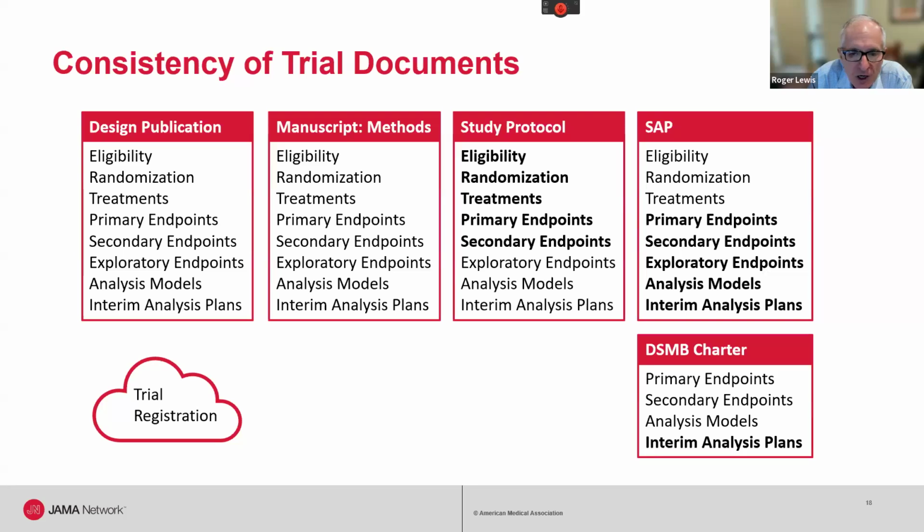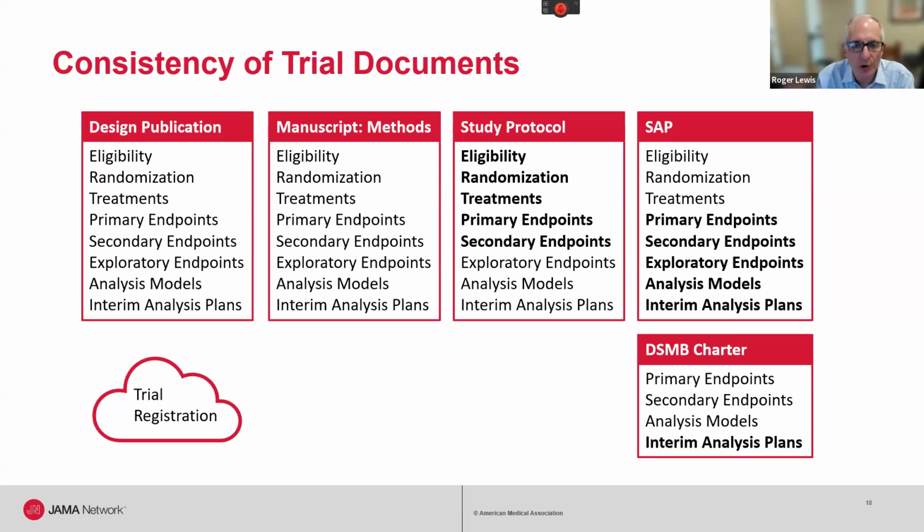And therefore they should agree with and complement each other. I will tell you that very often we find that the trial registration, which is required for submission to major journals, is done very early, and then it is not updated as changes are made to the trial.